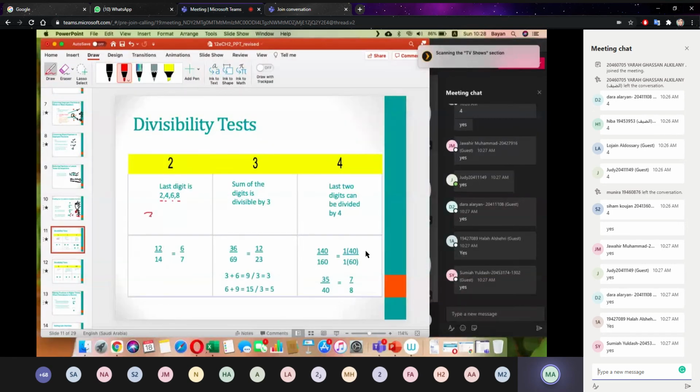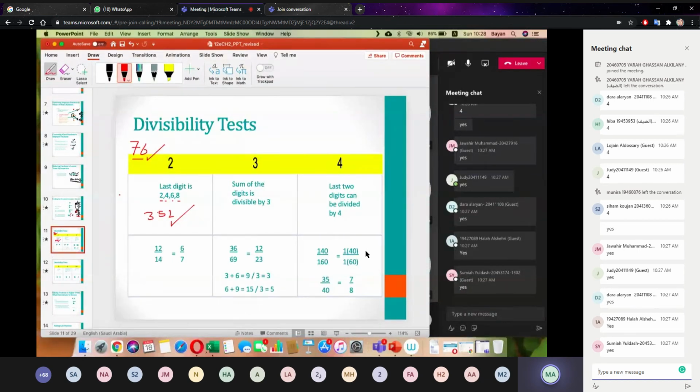If you have something like 352, we can divide it by 2. If you have 76, you can divide 76 by 2 because it ends with number 6.